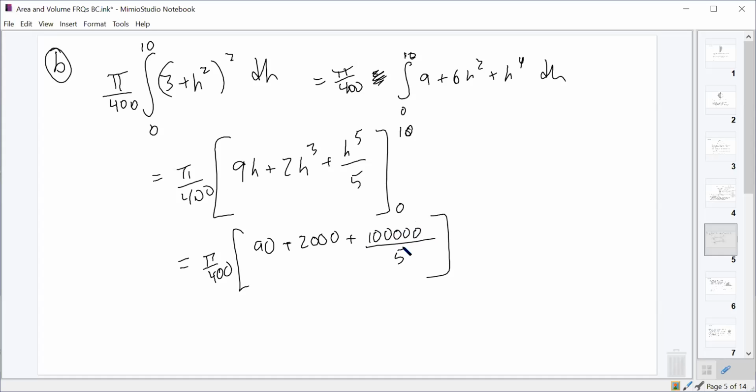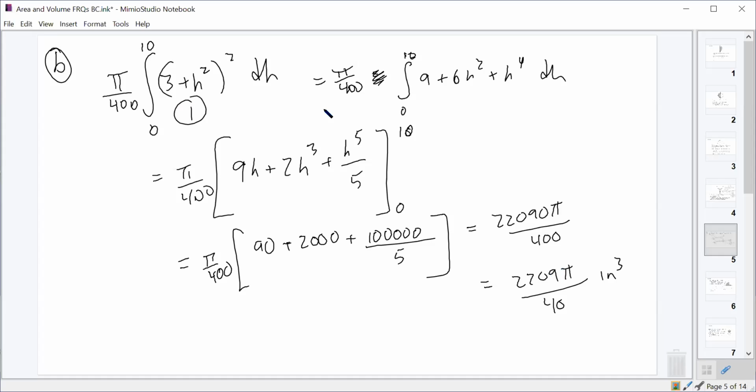So 100,000 over 5 is 20,000. 22,090 pi over 400, or 2209 pi over 40 inches cubed. I don't know if that reduces any more. Probably not. Well, definitely not. Prime factorization, that's 2 cubed times 5, and 2 and 5 definitely don't go into 2209.